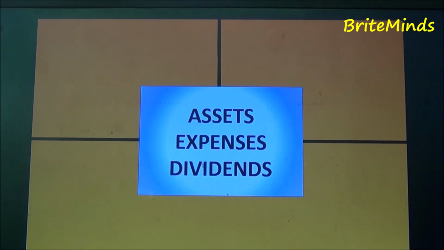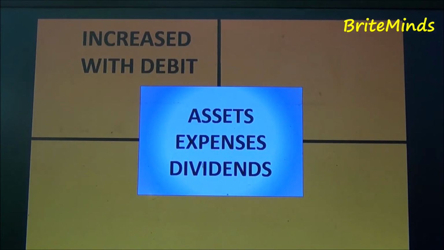According to the first rule of debit and credit, debit what comes in. So increases in assets are recorded as debits. Any increase in assets is recorded as a debit.